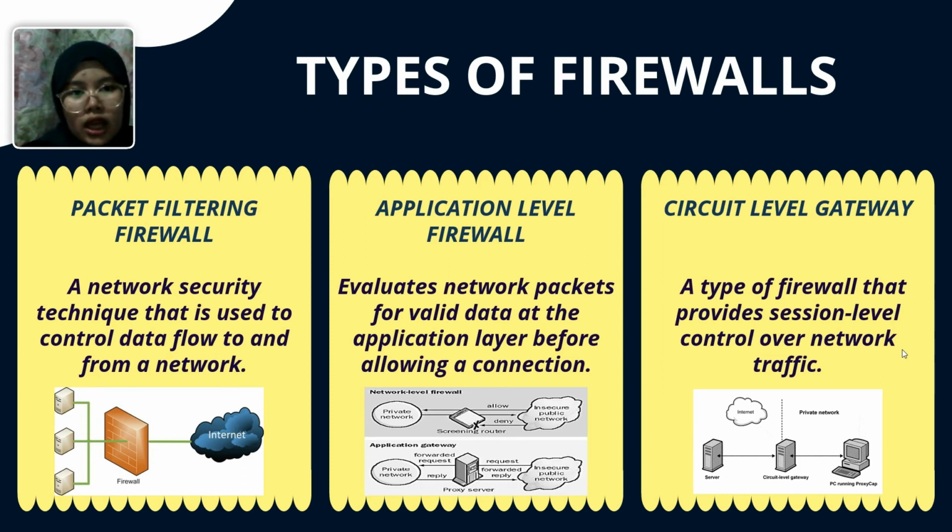For the second type, application level firewall evaluates network packets for valid data at the application layer before allowing a connection. Application layer firewalls use a series of configured policies to determine whether to block or allow a communication to or from an app.